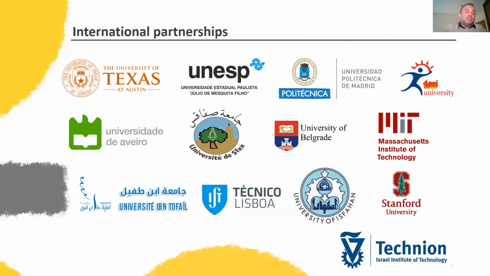We have strong ties with very well-known universities like MIT, Stanford, Technion, and Politecnico de Madrid, because we try to get from them the parts where we are not so strong or expert, and we provide our expertise instead and try to combine the best of both institutions. So that's more or less our strategy, and I'm very happy with it because we learn a lot from each one of these institutions.